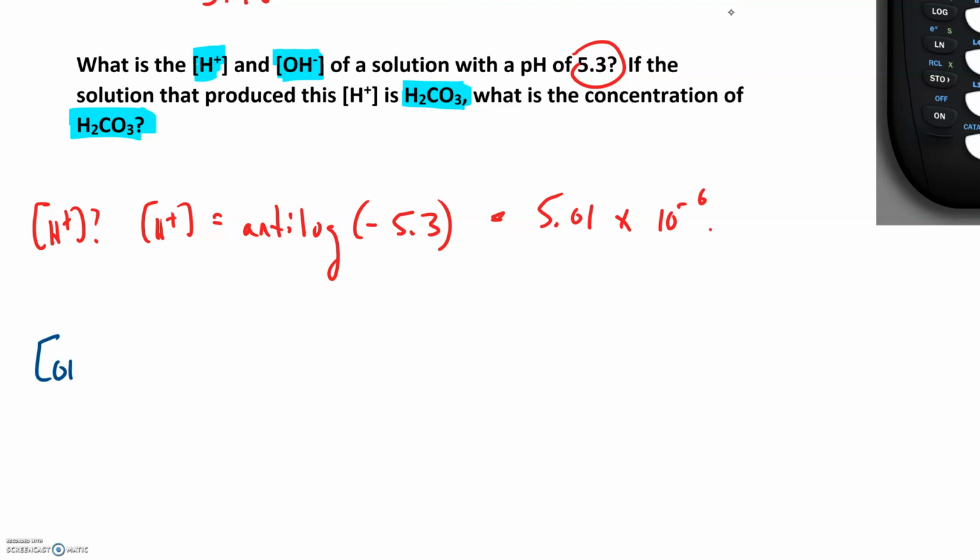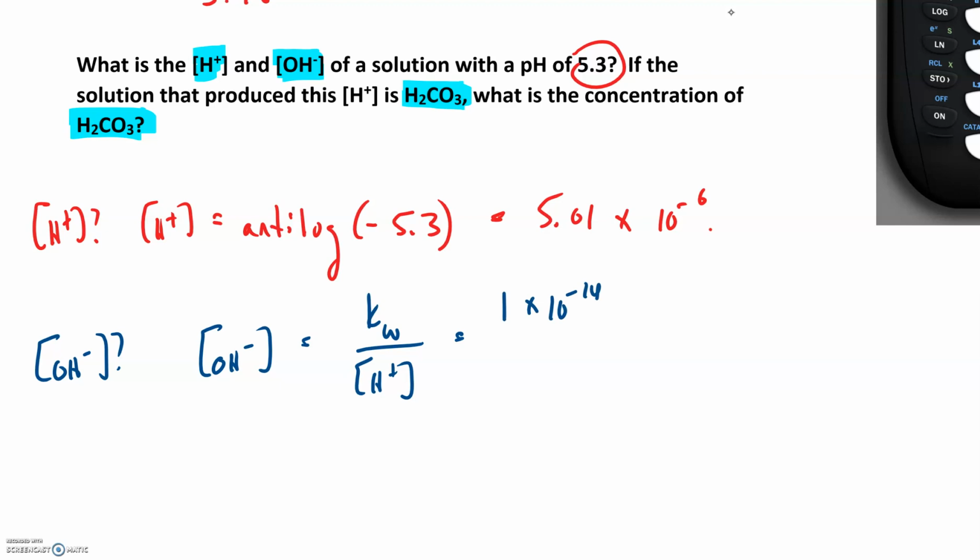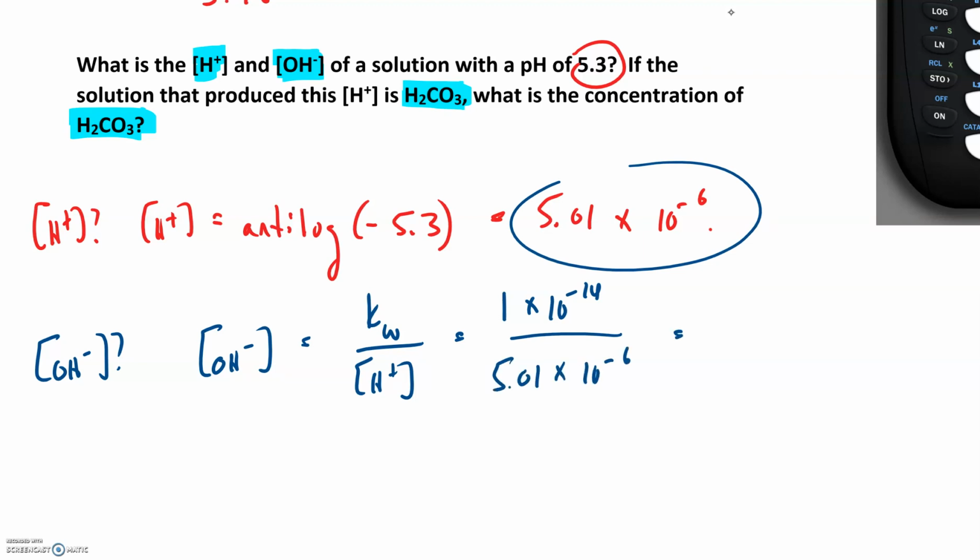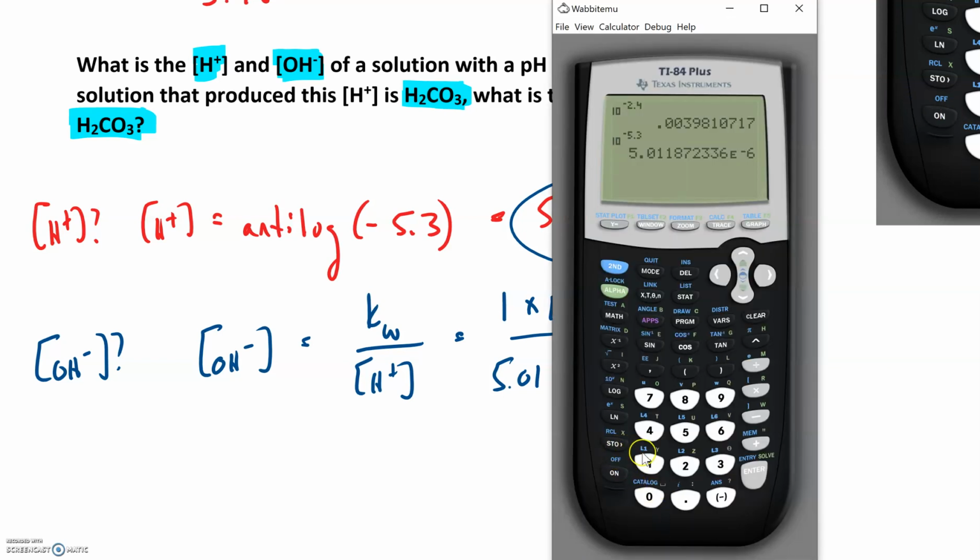What's the OH minus in this solution? Well, you guys know how to find OH minus because you know that OH minus is equal to KW over H plus. You know that KW is a constant, 1 times 10 to the negative 14th. And you know that all you have to do is plug in your H plus, which you just found, 5.01 times 10 to the negative 6th. So let's throw it in there and see what happens.